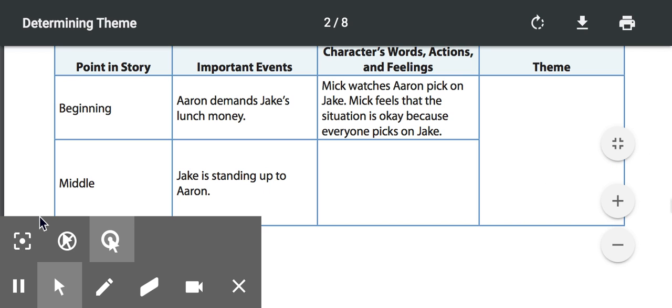In the beginning, Aaron demands Jack's lunch money. Then in the middle, Jack stands up to Aaron. So when we go to the beginning, we think about important events. Aaron demands Jack's lunch money. Characters, words, action, and feeling: Mikey watches Aaron pick on Jack. Jack feels that the situation is okay because everyone picks on Jack.